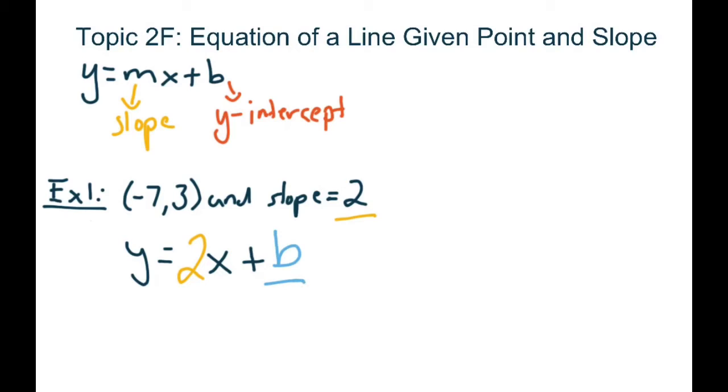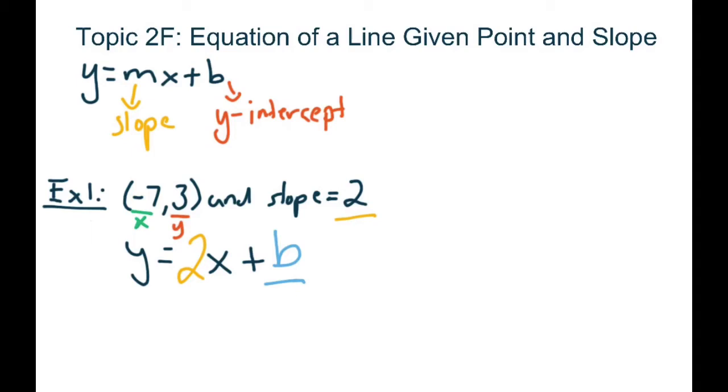Given -7, 3 here, we're going to put -7 in for x, so that's why I'm underlining it here in green, because that's the x value of the coordinate, and I'm going to put 3 in for my y, because that's the y value of the coordinate. If we put those in for our x and our y, and we solve for b, we then can write our equation.